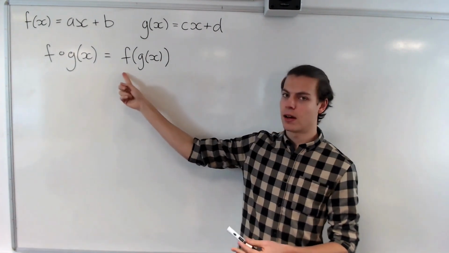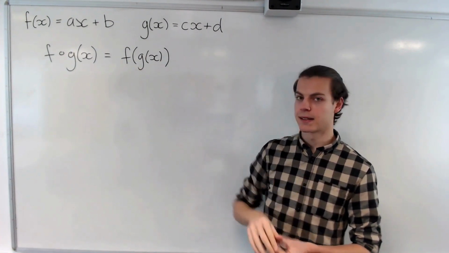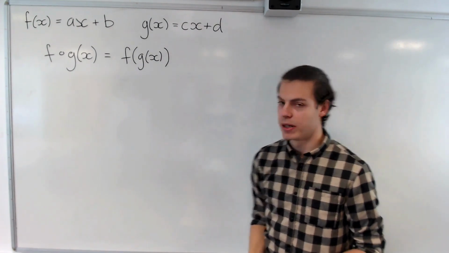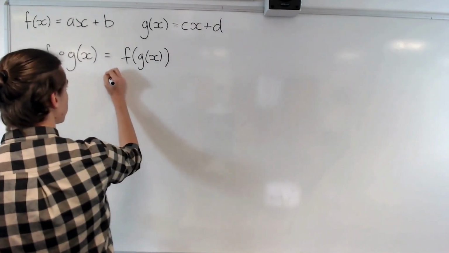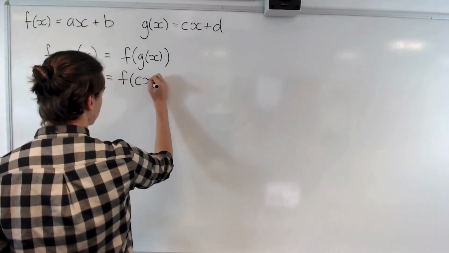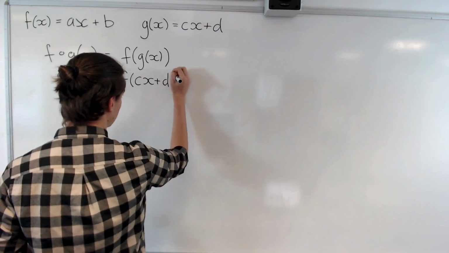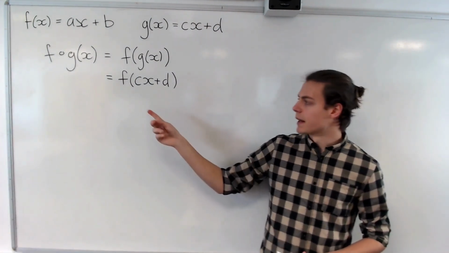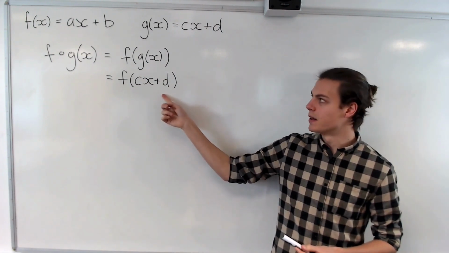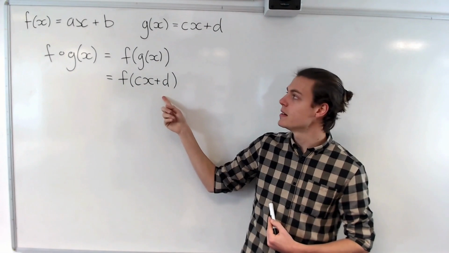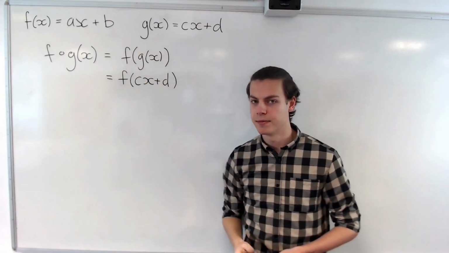So this is f applied to g of x, right? Now g of x gives us cx plus d. And applying f to this value gives us a times (cx plus d) plus b.